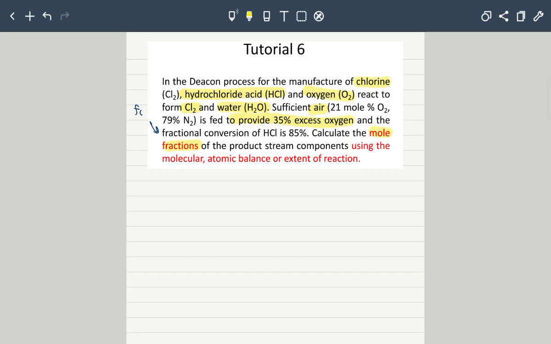And then using the molecular balance, atomic balance or extent of reaction, I will first explain the extent of reaction, and in the other video I will share the atomic balance and molecular balance.